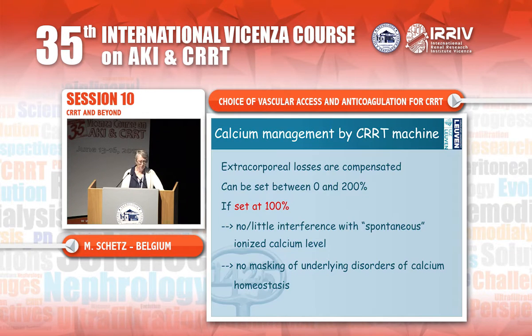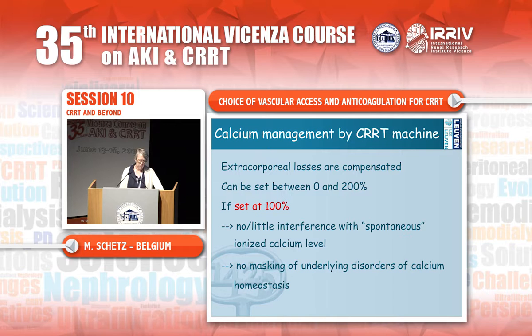So therefore, I think it's really better that you have calcium management done by the machine, where the extracorporeal losses are compensated. This compensation can be set between 0 and 200%, but in our unit, it's always set at 100%.